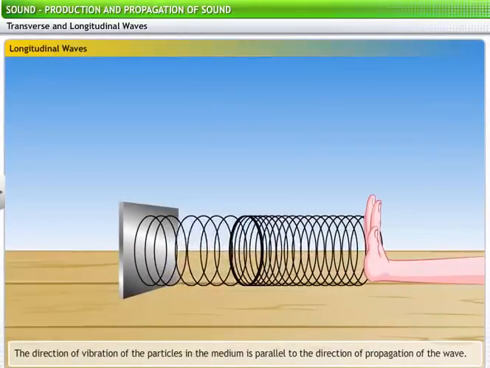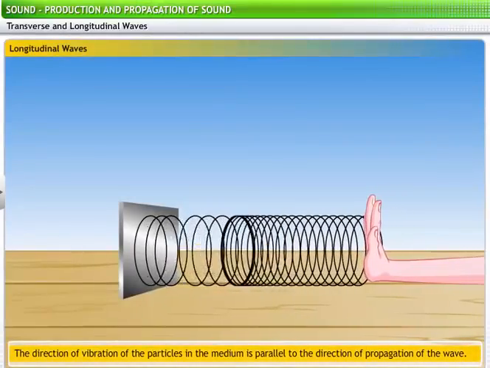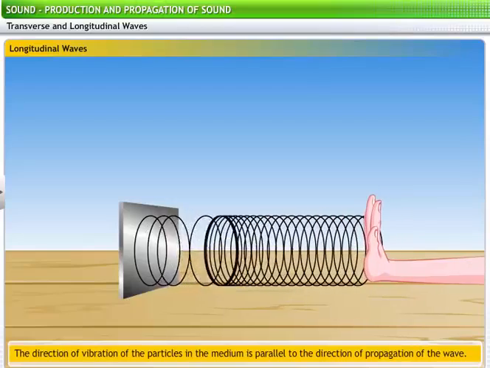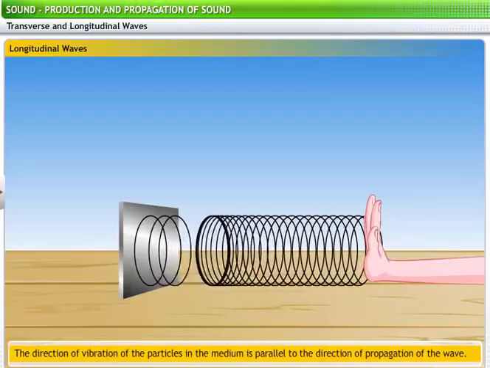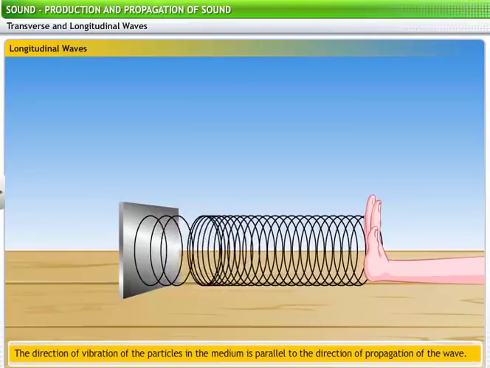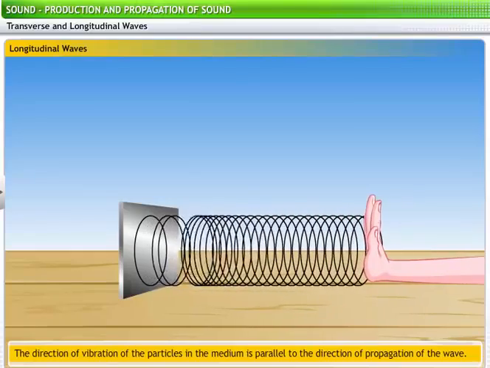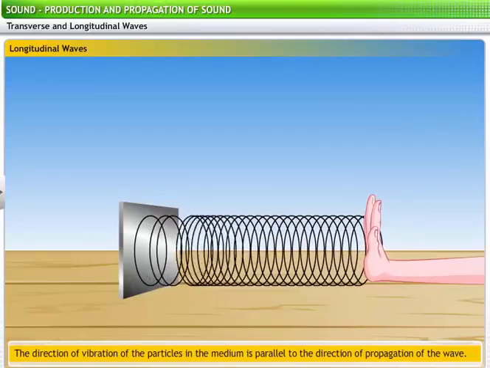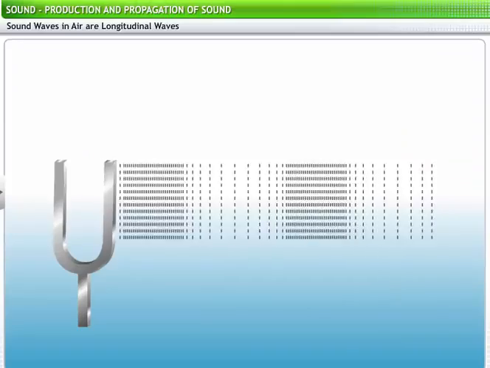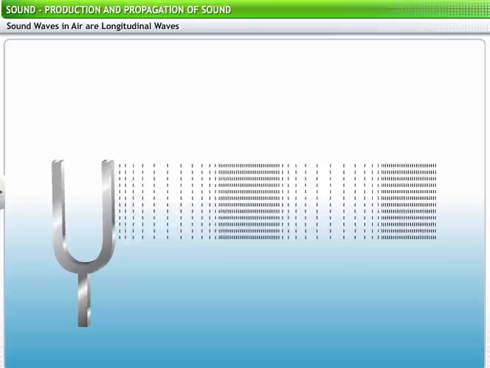In longitudinal waves, the direction of vibration of the particles in the medium is parallel to the direction of propagation of the wave. The wave pattern set in a slinky is an example of a longitudinal wave. Let's recall the tuning fork experiment.